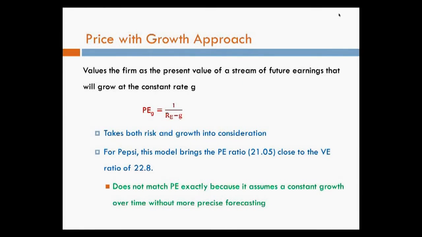Okay, the last thing we'll talk about is the price with growth approach, the fifth ratio. All it says is you look at the required rate of return and the long-term growth rate, this perpetuity factor that we've been working with, and just 1 over that number is a ratio.